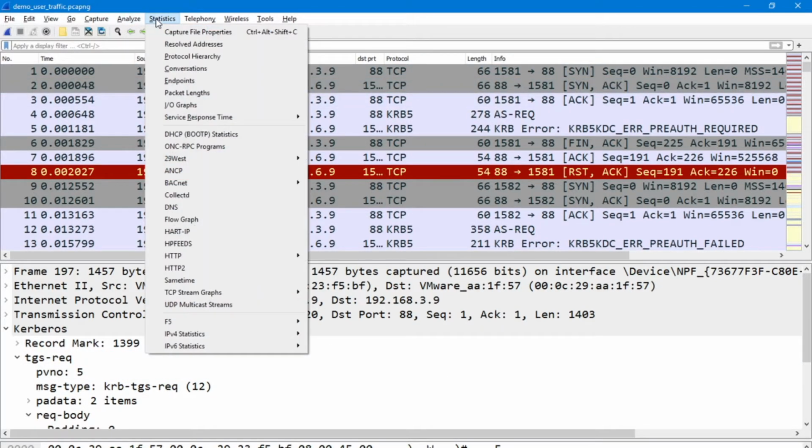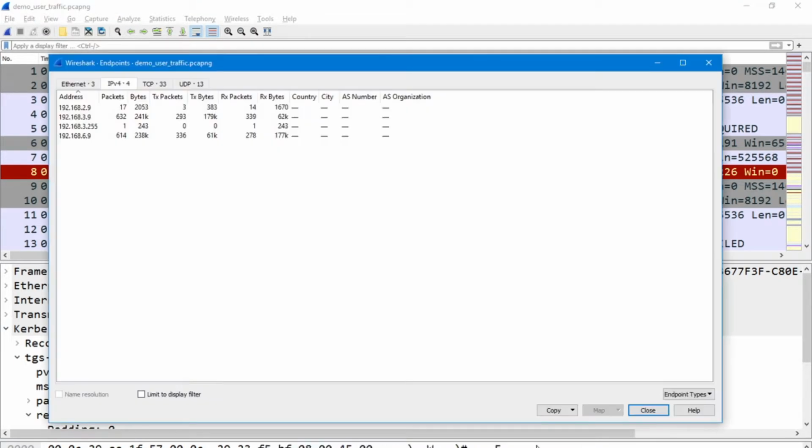Now, let's go back into our window here, our endpoints. When I look at this, I can see that 3.9 and 6.9 have fairly close to the same number of packets. Okay, 255 is only 1, 2.9 is only 17.